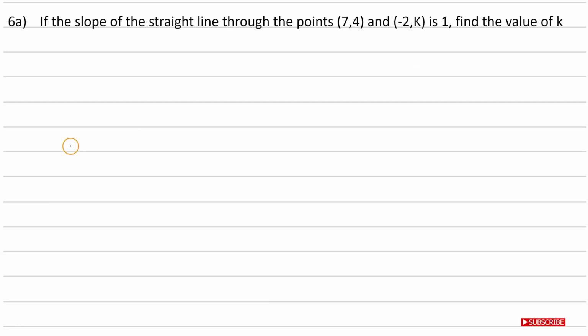Now for question 6a, we're told if the slope of the straight line through the points (7, 4) and (-2, k) is 1, find the value of k. So we know slope is m, that's equal to y2 take away y1 over x2 take away x1.